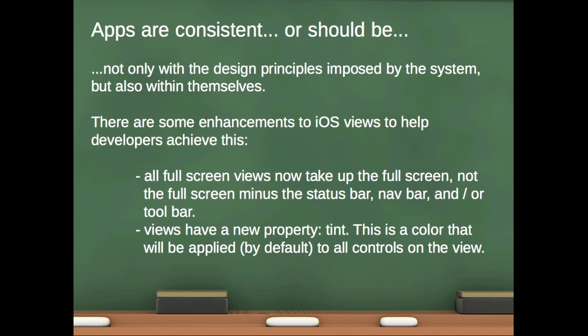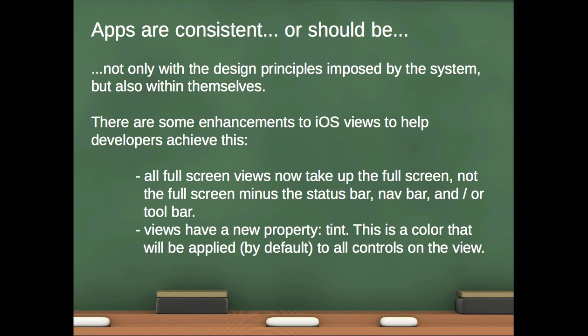Also, and very importantly, views have a new property, and it's called tint. And all views have this property. All view subclasses have a tint property. This is a color that is applied by default to all controls in the view. For buttons, it's the text color. For sliders, it's the color of the portion of the slider between, let's say, the left edge of the slider and the thumb.